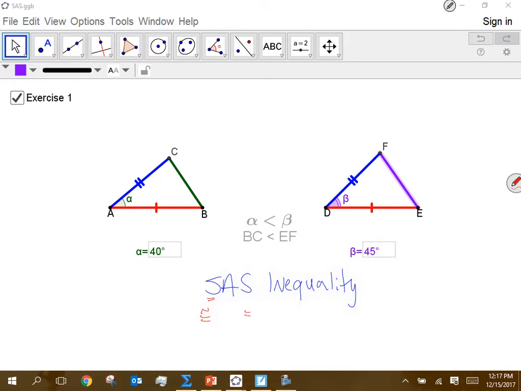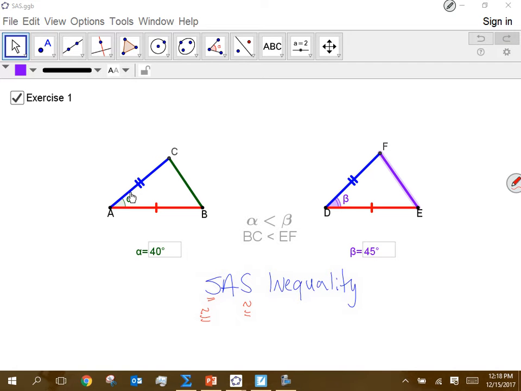Then we have another set of sides that are congruent, the red side congruent to the red side. But now the included angles in the middle are unequal. The conclusion you can make is about the remaining, third side of the triangle, which you haven't talked about. The third sides are unequal in the same fashion that the angles were unequal.